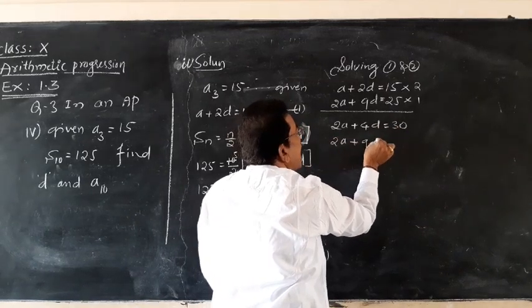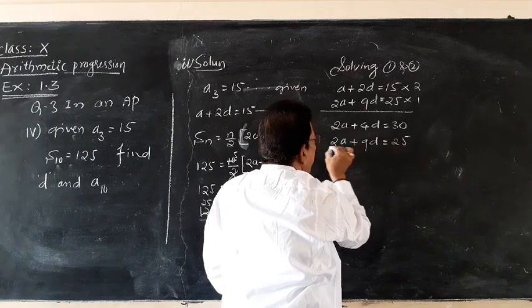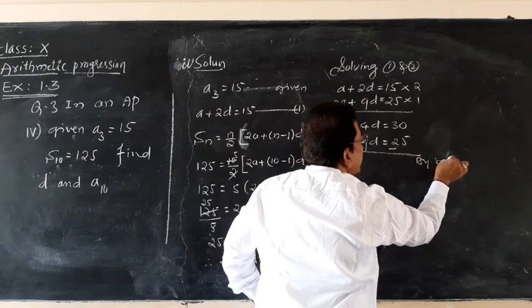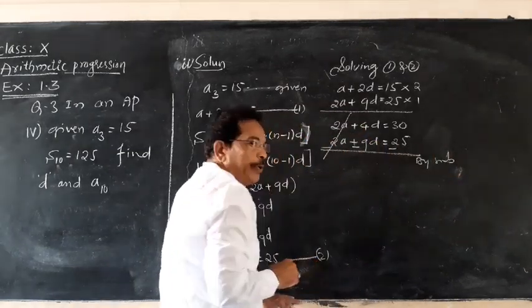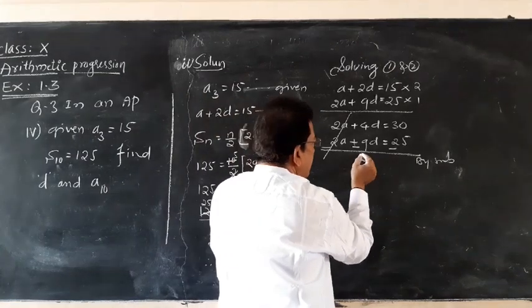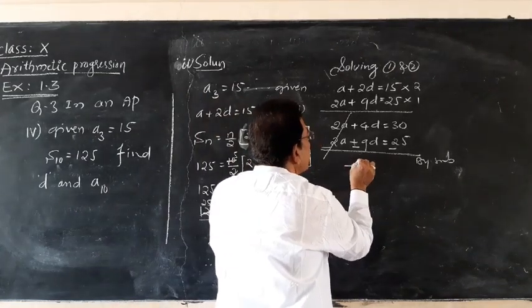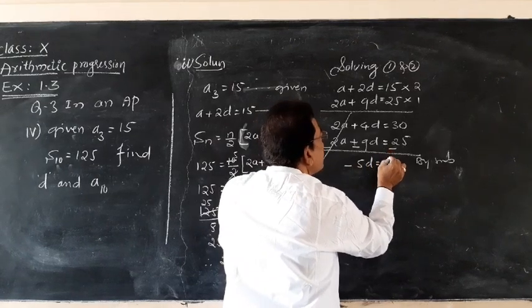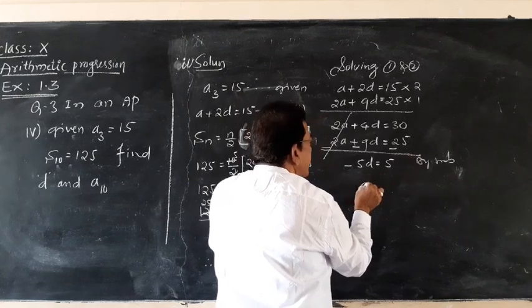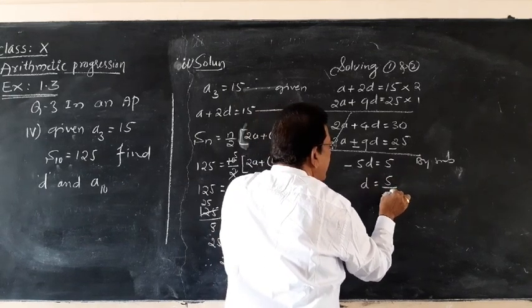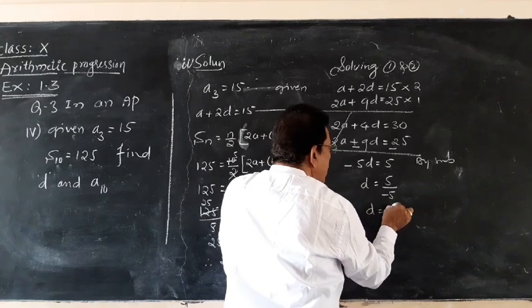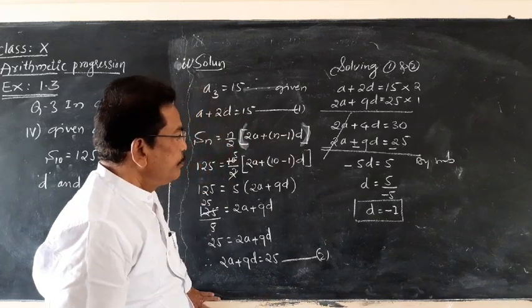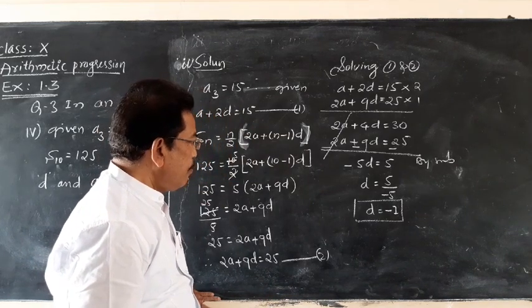Then 2a plus 9d equals 25. By subtracting, 2a gets cancelled. Then minus 5d equals minus 5. Therefore, d equals 5 by 5, d equals minus 1.